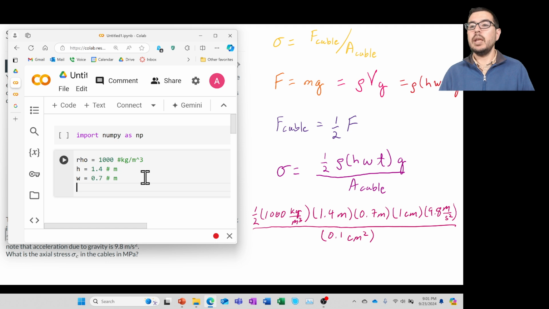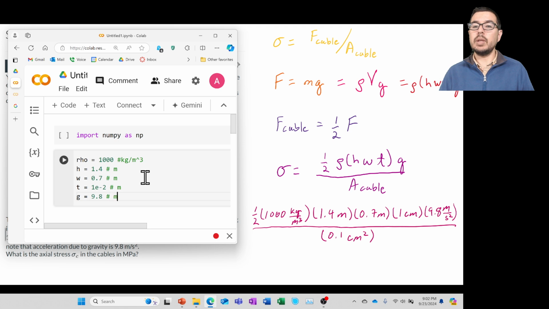We have a thickness of the object, so T. We'll say that's going to be 1 centimeter, but it's not supposed to be in centimeters. We want it to be in meters, so we'll multiply by 1/100th. And we have G, and we're going to use 9.8.